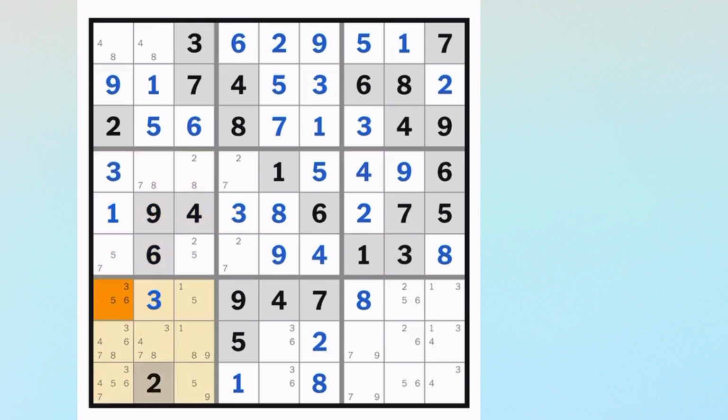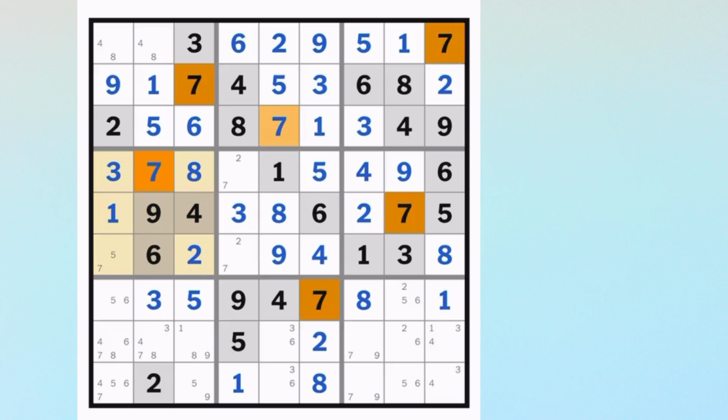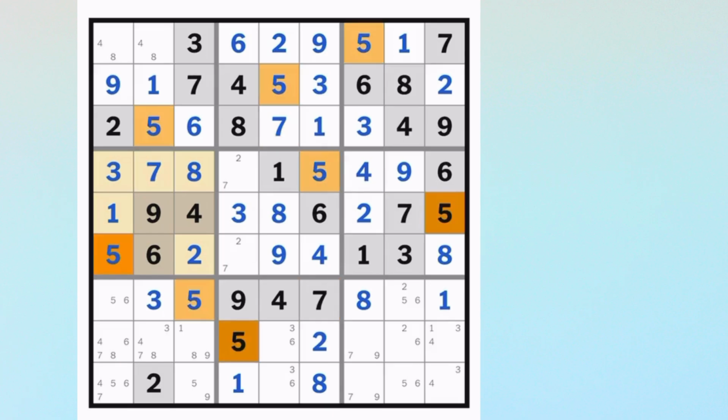Then we remove all the unwanted 3's from this block, and here this becomes 1, right, and this becomes 5. Then in which case this becomes 2, this becomes 8, this becomes 7, and this becomes 5, right.